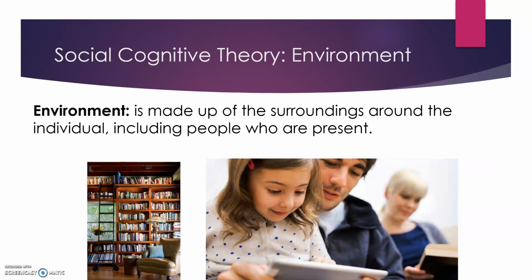Okay, welcome back to our lecture, and we're going to move to the last factor of this model, which is the environment. So environment is made up of the surroundings around us, including people who are present. So this environment can include both the physical and some kind of intangible context.